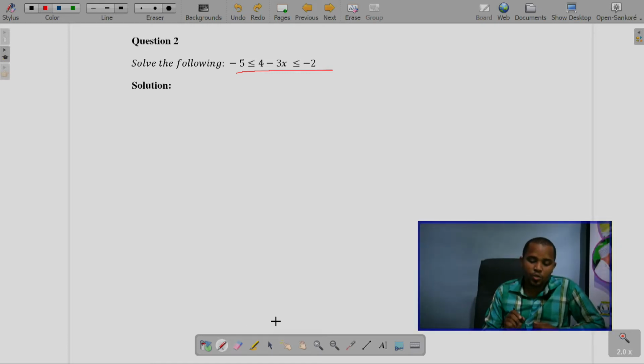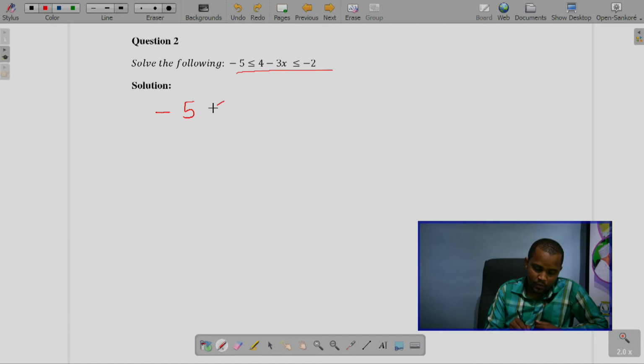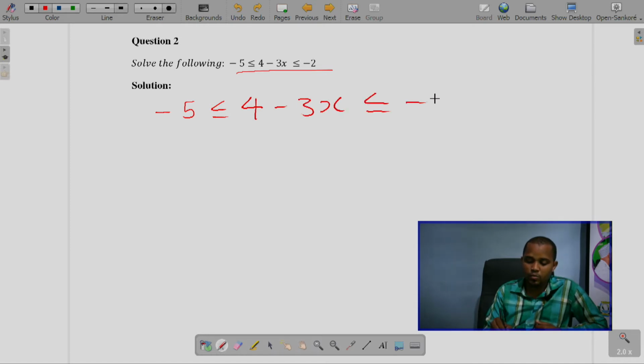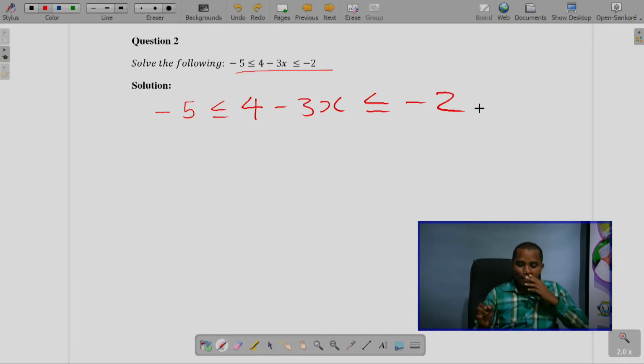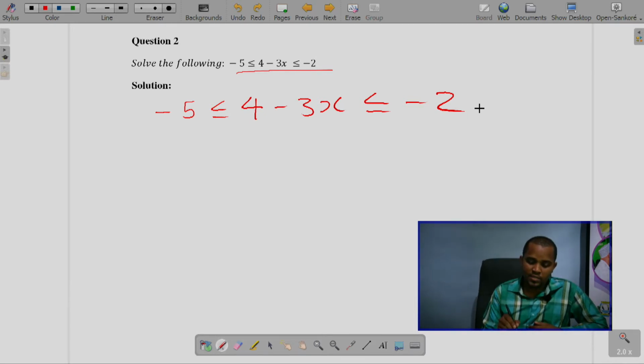On solving this inequality, the first step is to write the inequality that we were given, which is negative 5 less than or equal to 4 minus 3x less than or equal to negative 2. So this is the first step: write the inequality that we were given.